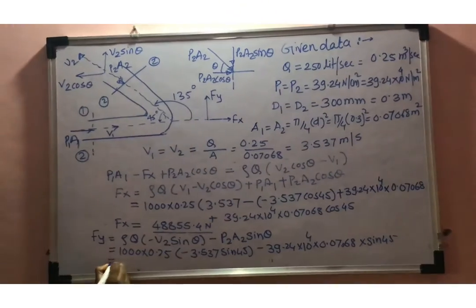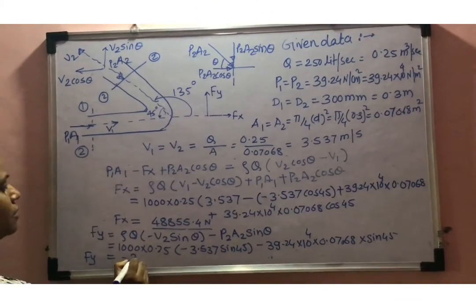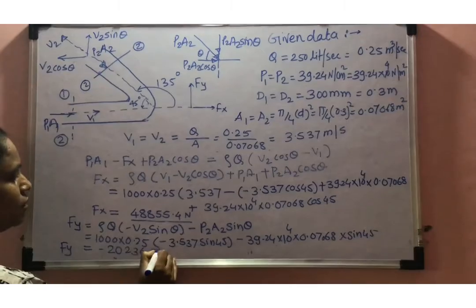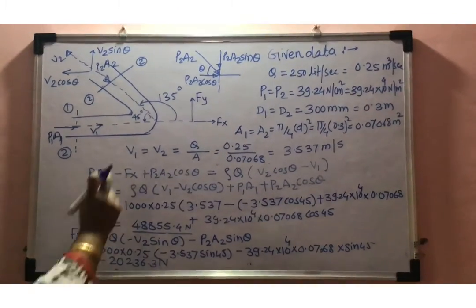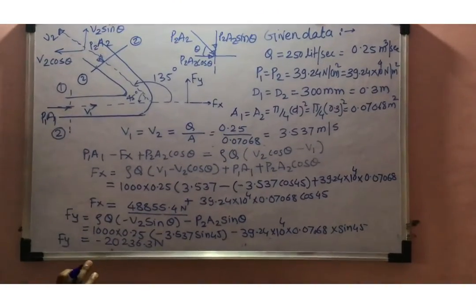After that, we get the value of Fy equal to minus 20236.3 Newton. Why is this negative? Because of the direction we considered, it is in the opposite direction.